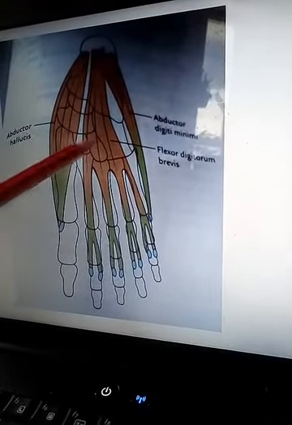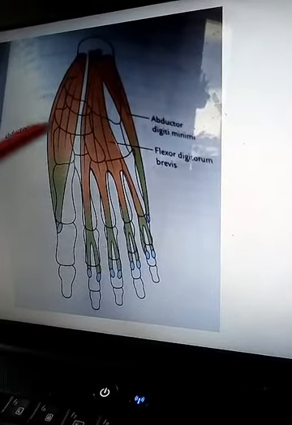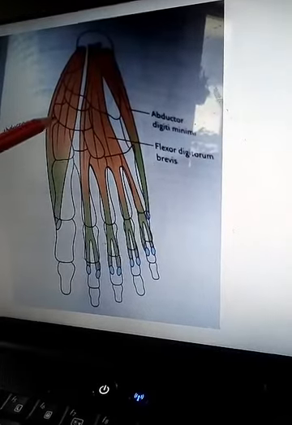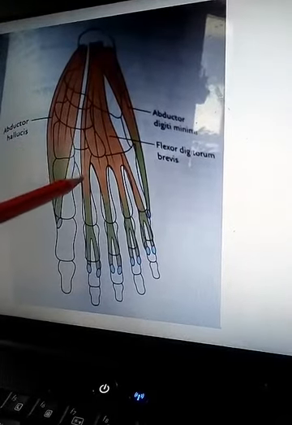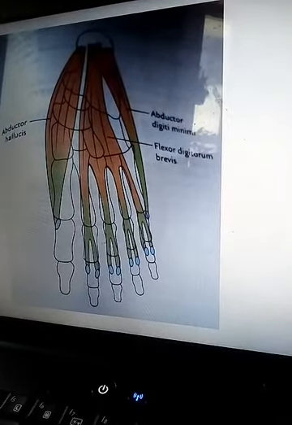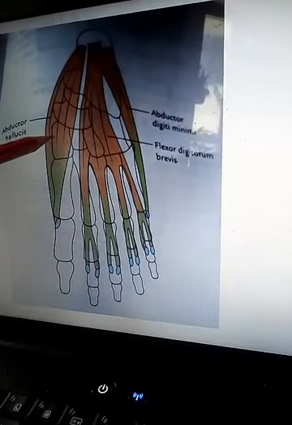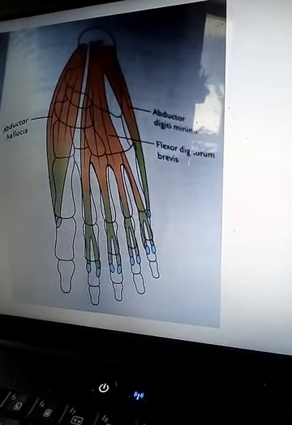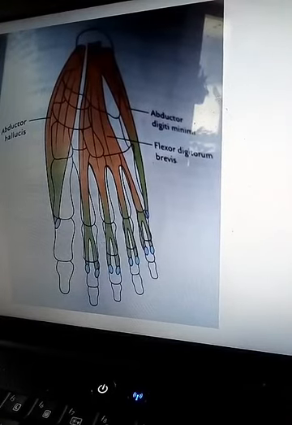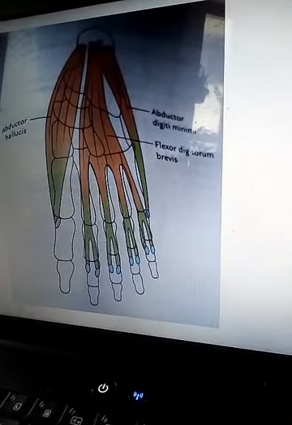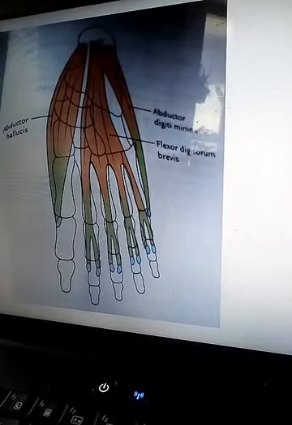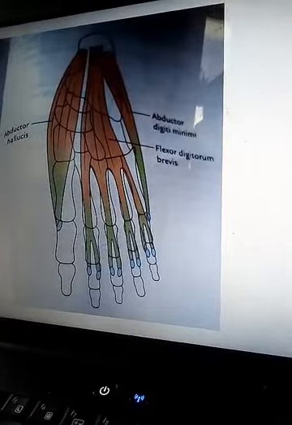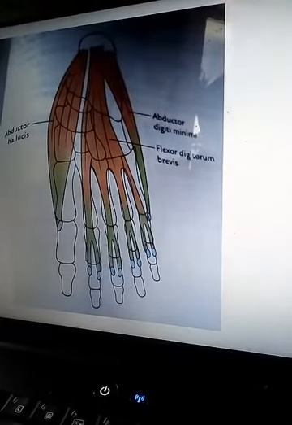There are 2 neurovascular planes between the muscle layers of the sole. The superficial neurovascular plane lies between the first and second layer, and the deep neurovascular plane between the third and fourth layer. In the superficial neurovascular plane lie the trunks of the medial and lateral plantar nerves and arteries, and in the deep neurovascular plane lie the deep branches of the lateral plantar nerve and artery.